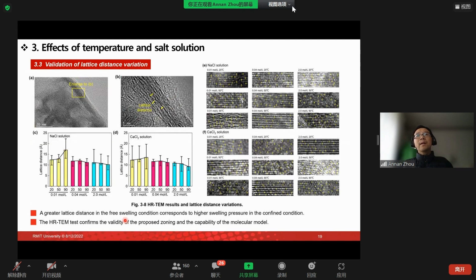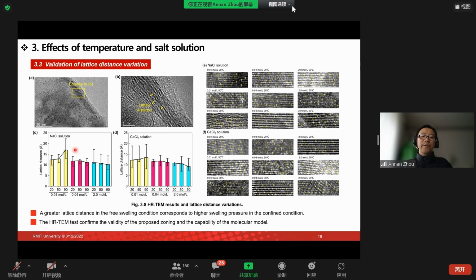We measure the lattice distance between montmorillonite layers as shown in figure E and figure F for different salt types. The greater lattice distance between montmorillonite layers in the free swelling condition directly corresponds to the higher swelling pressure in the confined condition.